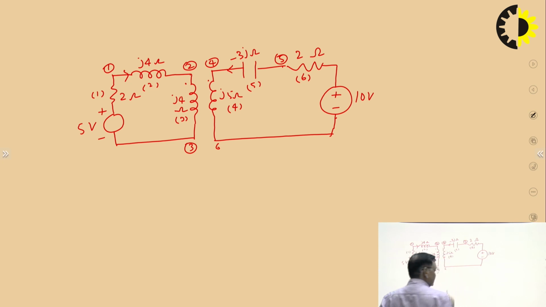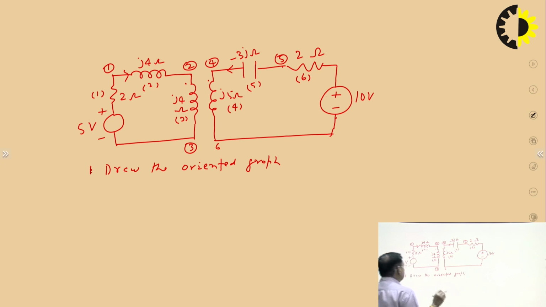So this is the oriented network. So first step is draw the oriented graph. So we can draw the oriented graph. So oriented graph will be like this.